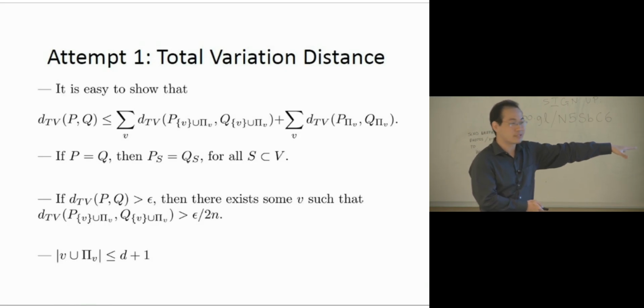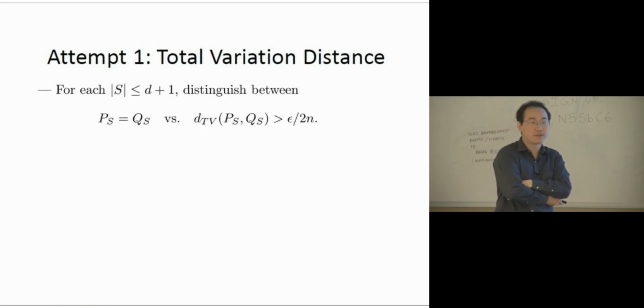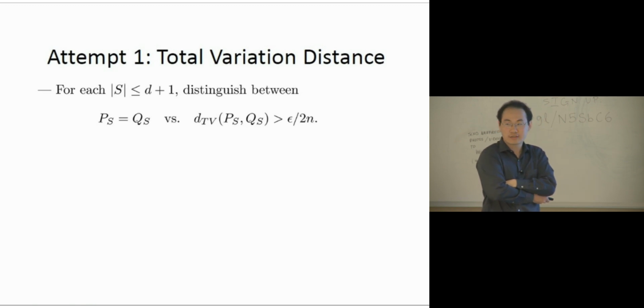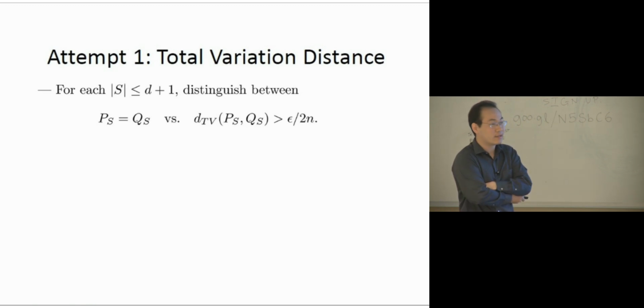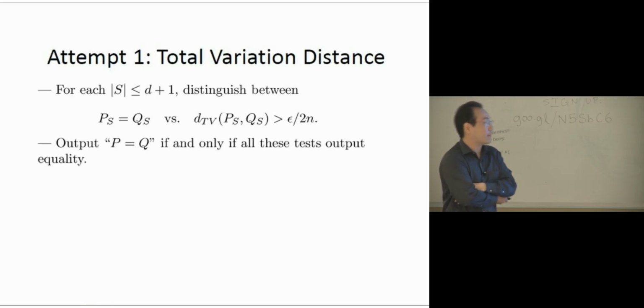We don't really know those subsets, so we just run one test for each subset of size bounded by D plus 1, using the general algorithm known for identity testing. And we output P equal to Q if and only if all those tests pass.